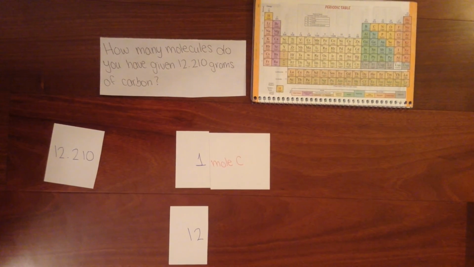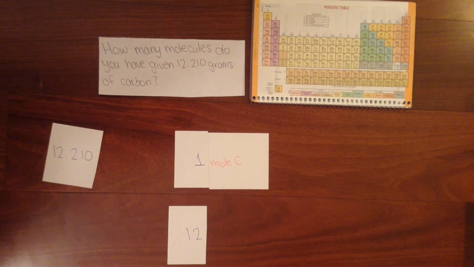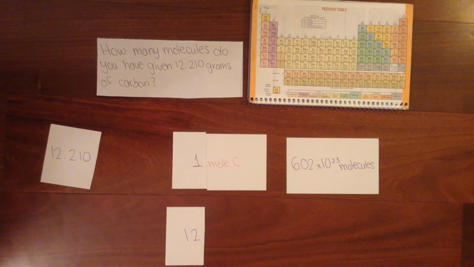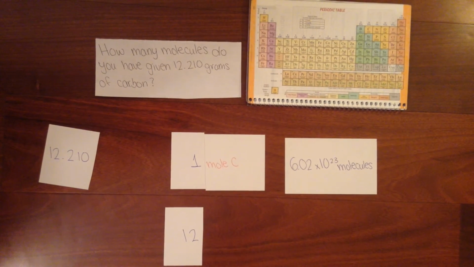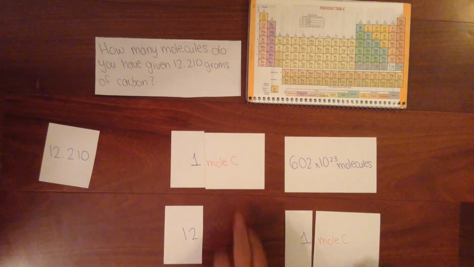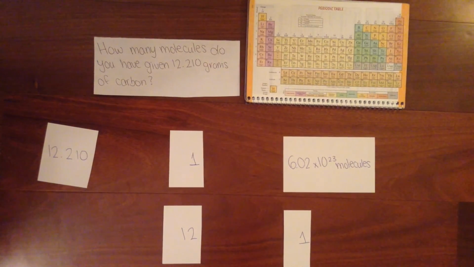Next, we must convert the moles to molecules. Now we multiply this by 6.02 times 10 to the 23rd molecules and divide by 1 mole of carbon in order to cancel out the moles of carbon.